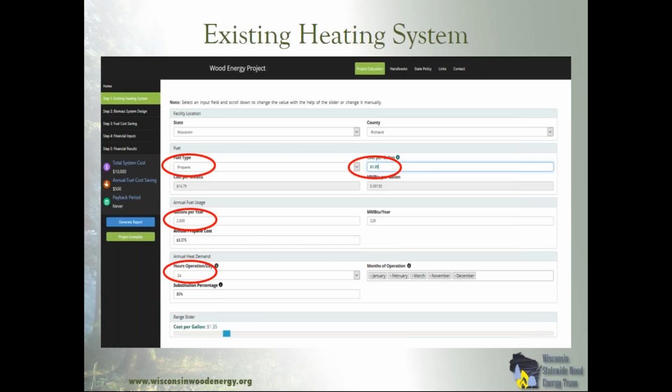You've got hours of operation, and you have to select the months you want it to run. So here I've got 5 months, November through March. And then you can do the substitution percentage down here. So 80% is actually, if you're looking at sizing the system, sizing it for 80% substitution is actually a pretty economical value for a good rate of return.